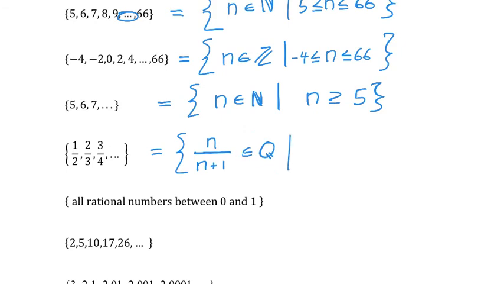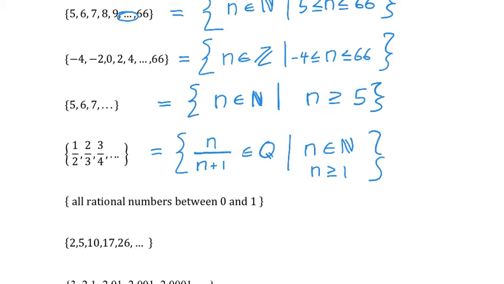Okay, so such that n is a natural number and such that my n is bigger than or equal to 1. So n just goes up and up and up, and every time whatever's on the bottom is one more.